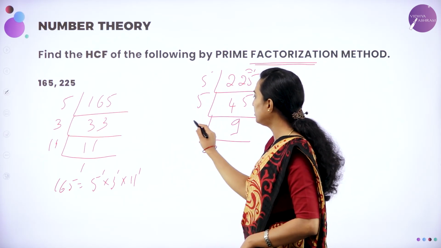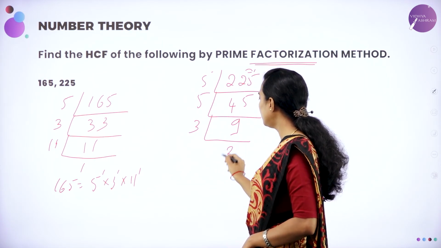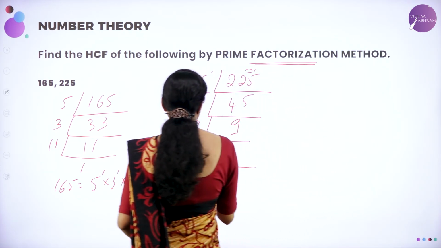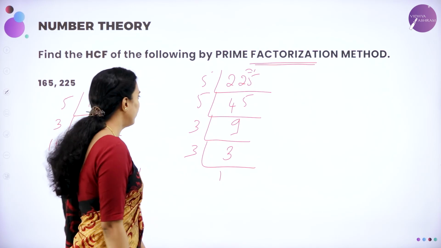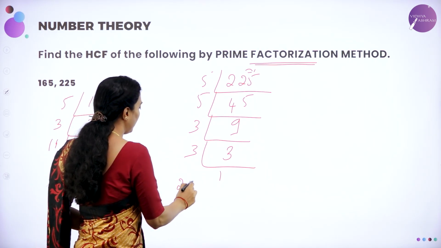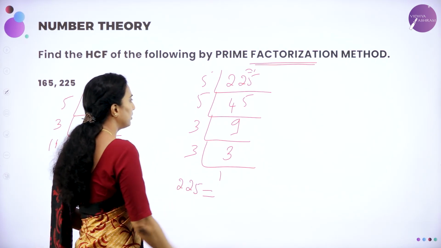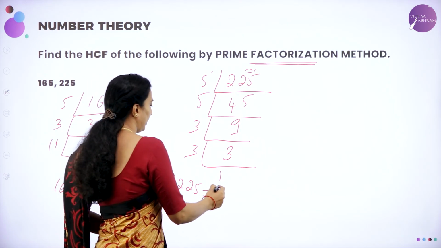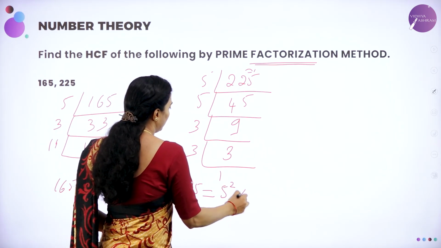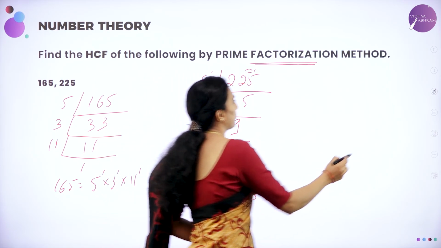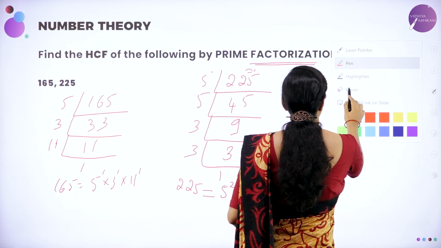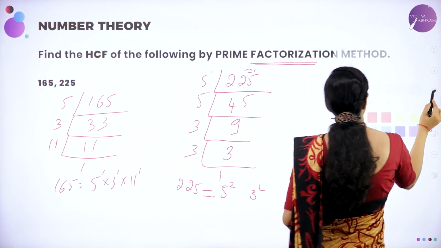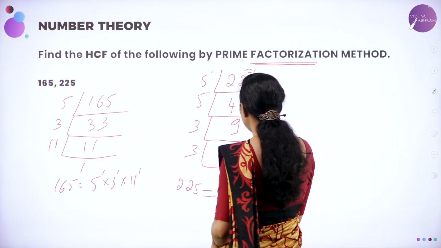Again you can divide it by 3. 3 threes are 9. Again 3 ones are 3. Right? Therefore 225 is equal to 5 squared into 3 squared.